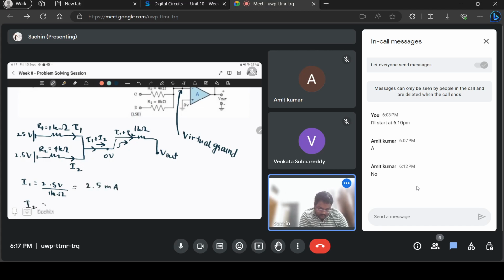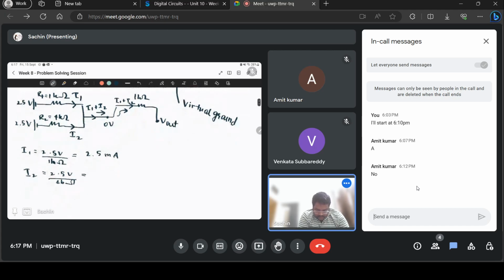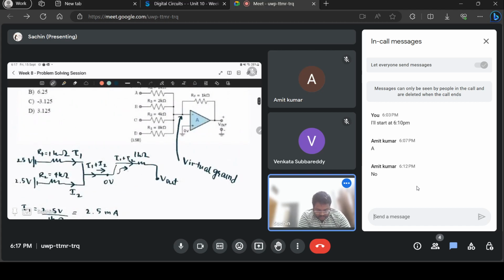I2 will be 2.5 volts by 4 kilo ohms, which will be point, how much is it? 0.625 milliamperes. So I1 plus I2 is 3.125 milliamperes. That much current is flowing in this branch.